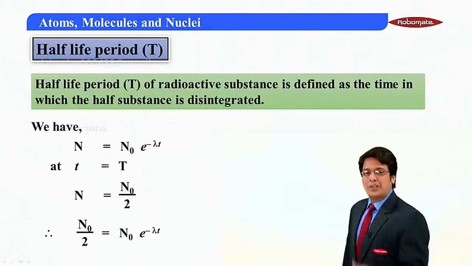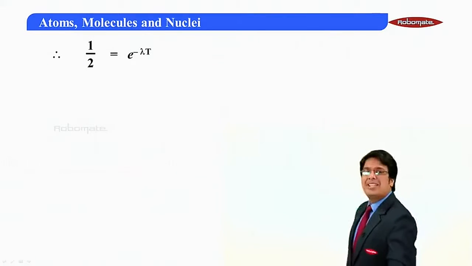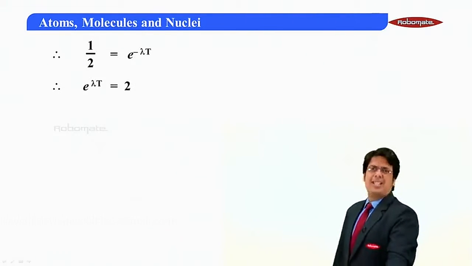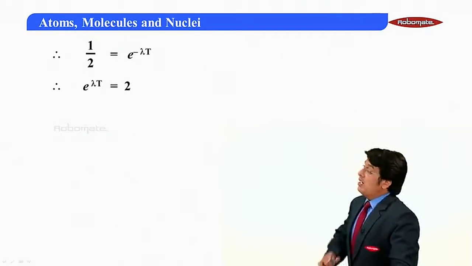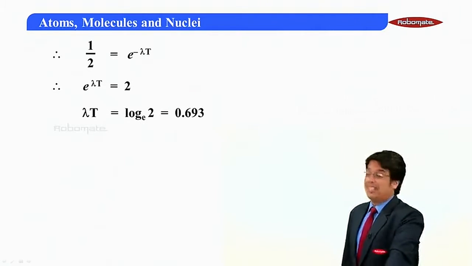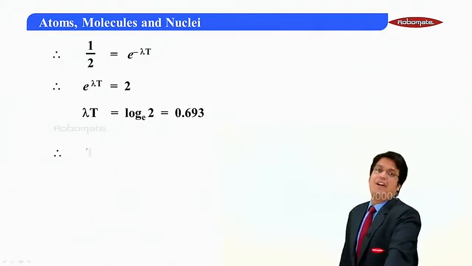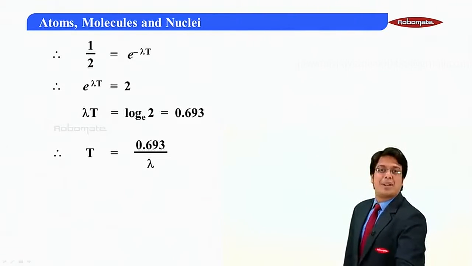You put this value in this equation, you cancel N0, what you get is 1 by 2 is e raised to minus lambda t. You bring e down, so e raised to lambda t is 2. Now you take the log, so lambda t is natural log of 2, that is 0.693. And if I want to find the half-life, that is 0.693 by lambda.